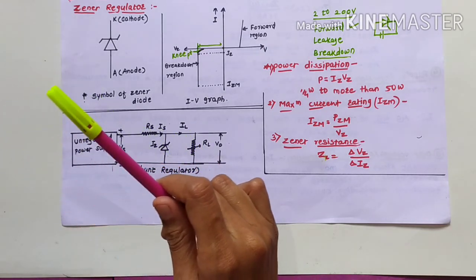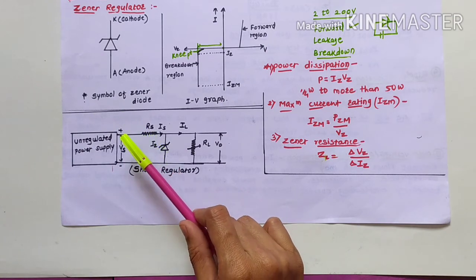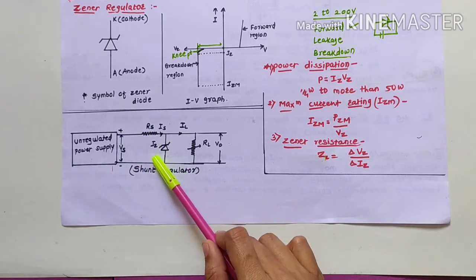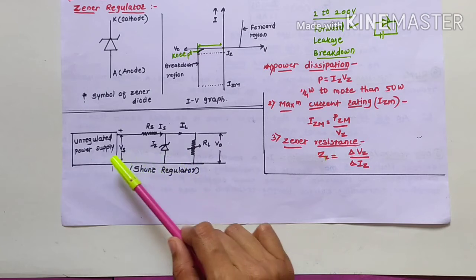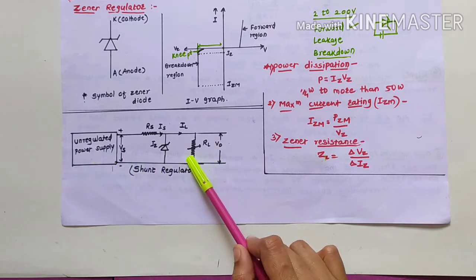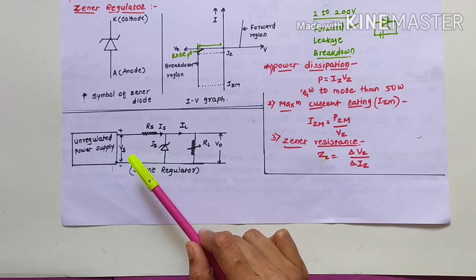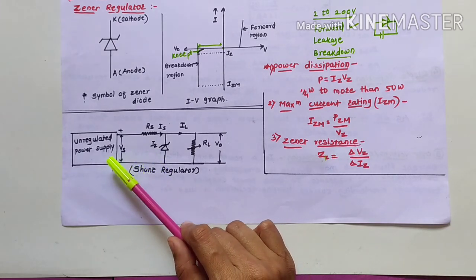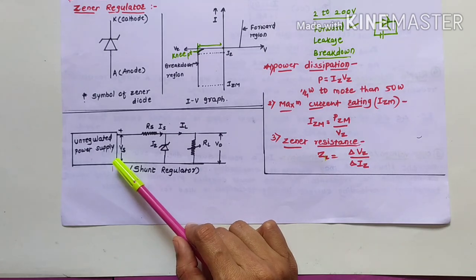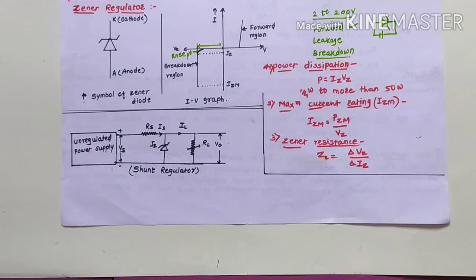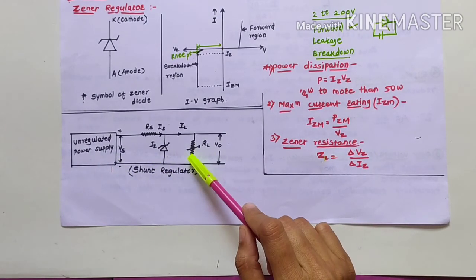So, the Zener diode is used to regulate the voltage across a load when there are variations in the supply voltage or load current. The Zener regulator is connected between the unregulated power supply and load resistance.